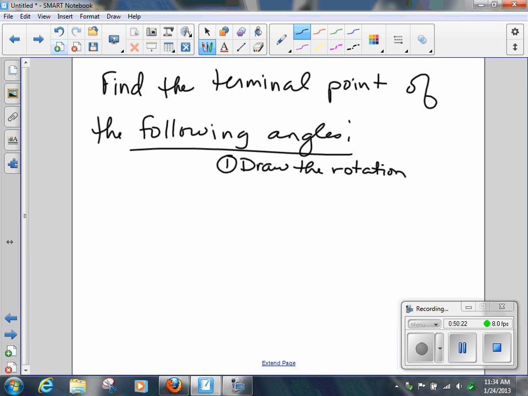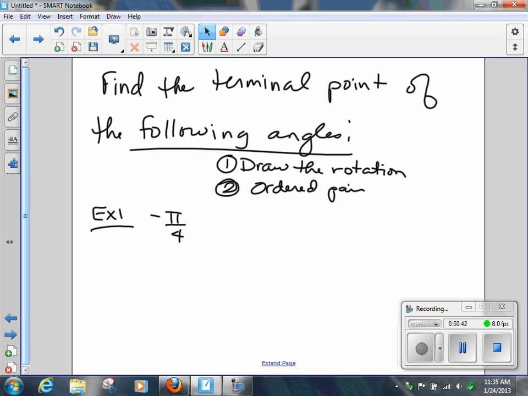Draw the rotation. Give me the ordered pair. Okay? I want you to draw and give me the ordered pair for the angle negative pi over 4. Now, you got to draw it.